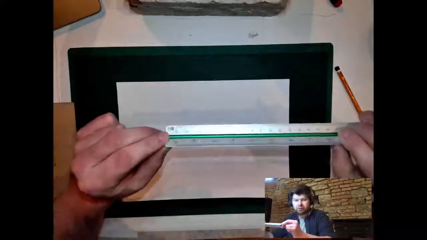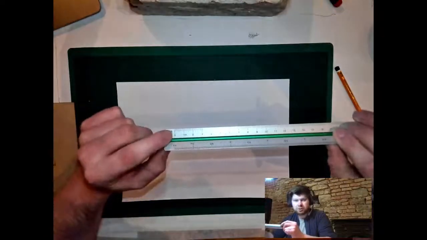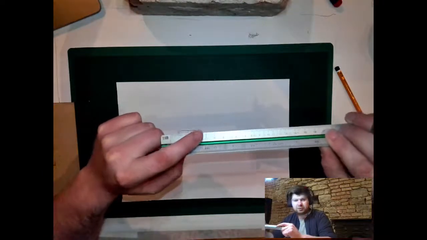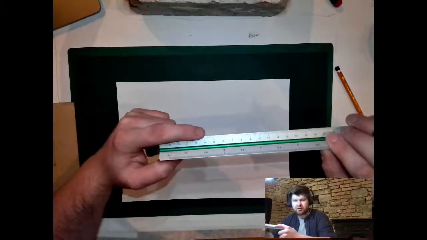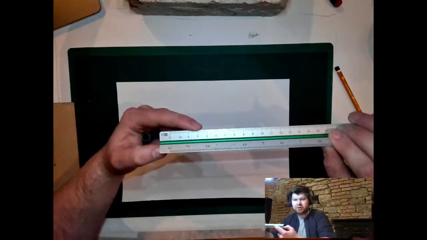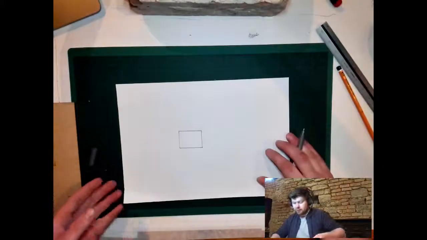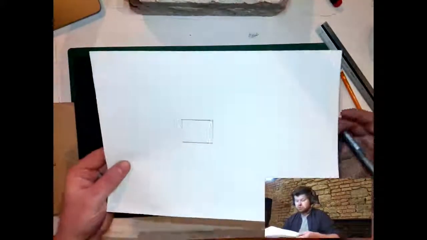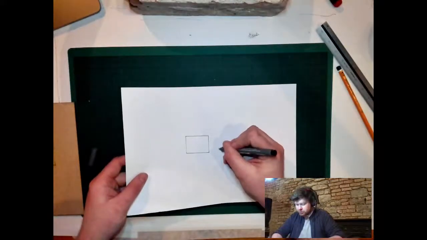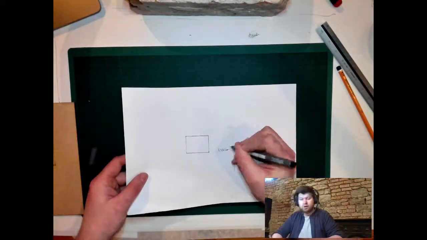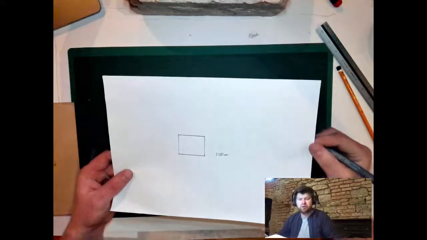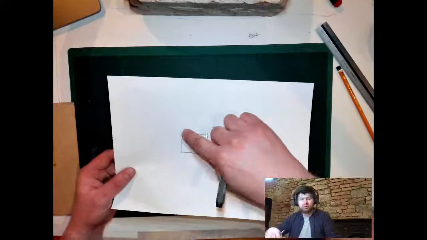So if you look at the scale ruler here, it was 0 meters, 1 meter, 2 meter, 3 meter, 4 meter. So I used 4 meters in length for one side and 3 meters in length for the other side. And I'm left with a drawing like this. So this is a 1:100 representation of a room which is 3 meters by 4 meters.